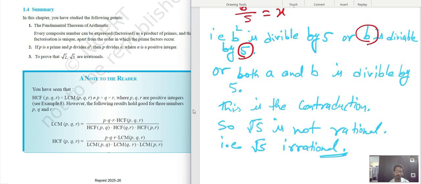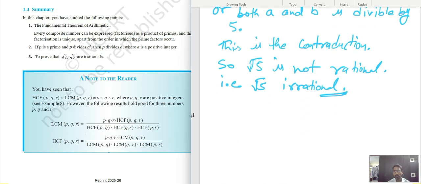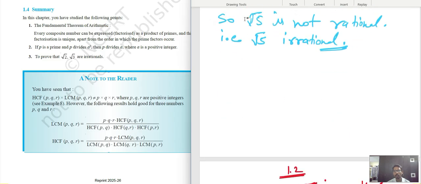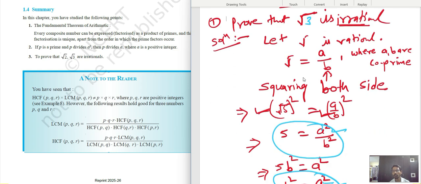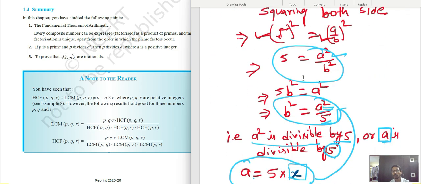You can have in the examination: prove that root 2 is irrational, root 7 is irrational. So instead of 5, you will write 2 there. Let me change it. Suppose the question is asking you to prove that root 3 is irrational. So instead of 5, at every point we will write 3, that much only. We will change here, here also, here also.